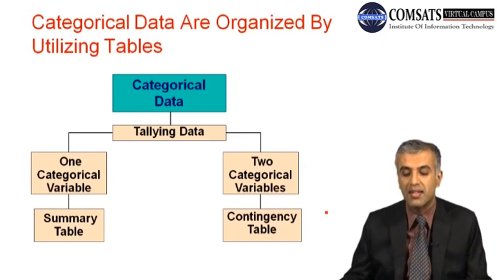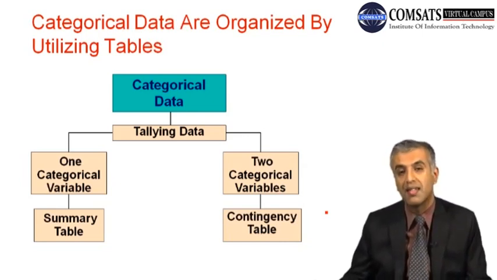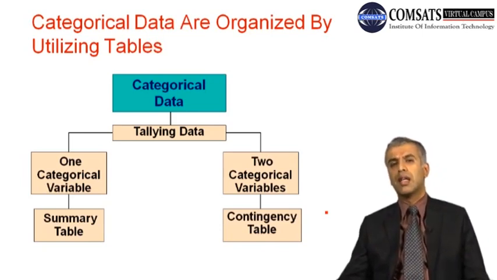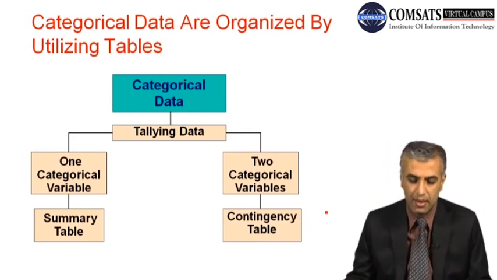Then we had a discussion on how to present two categorical variables here, and in this case we had a discussion about the efficiency of contingency table. And then we also had a discussion on how to tackle a real-time problem through contingency table and how hidden facts can be presented through contingency table as well.